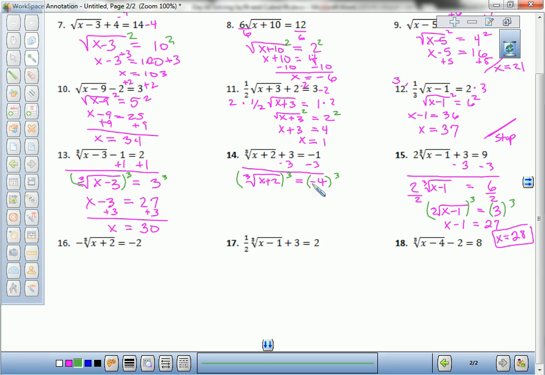And what happens when we raise a negative to an odd power? Does it stay negative or does it switch to positive? Stays negative. So this is negative 64. So we have x plus 2 equals negative 64, because 4 cubed, 4 times 4 times 4, is 64. Now we subtract 2 more from both sides, so then we get x equals negative 66.